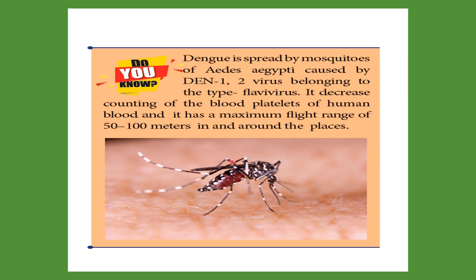Usually the Aedes aegypti mosquito bites only during daytime. It decreases the count of blood platelets in human blood, and it has a maximum flight range of 50 to 100 meters in and around the places.